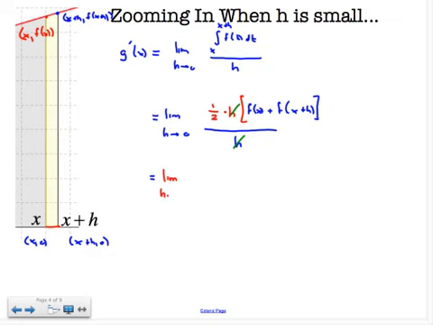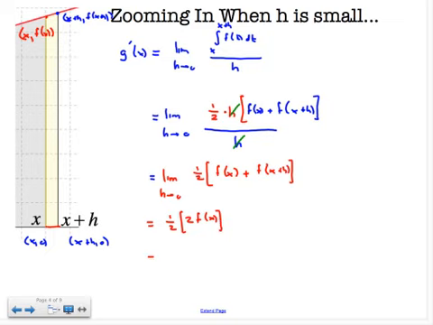The limit as h goes to 0 of 1/2 f of x plus f of x plus h. If I substitute 0 in for h, I get 1/2 times 2 f of x's, because f of x plus h approaches f of x when h is close to 0.